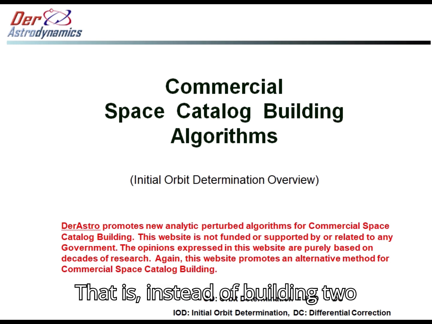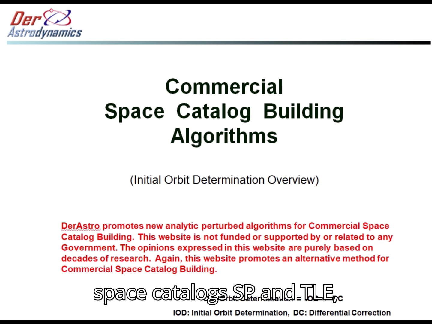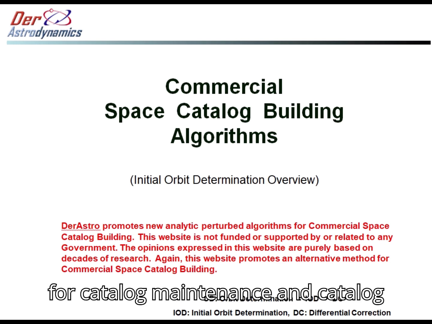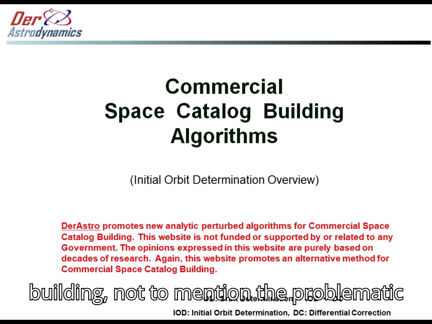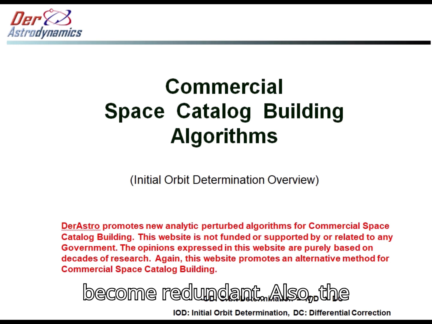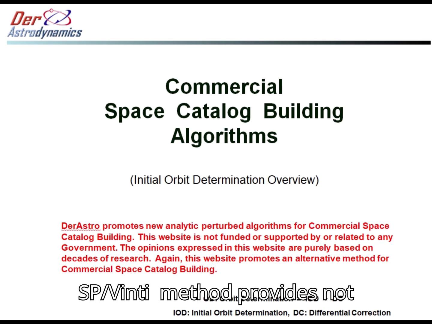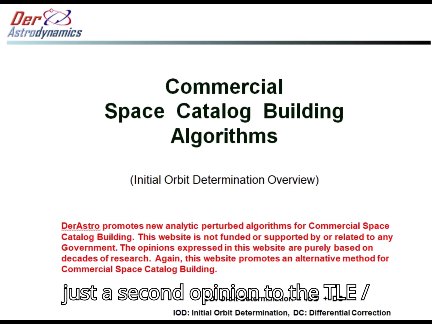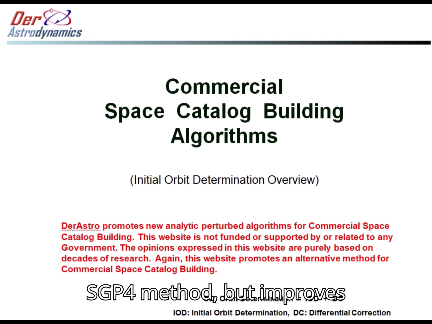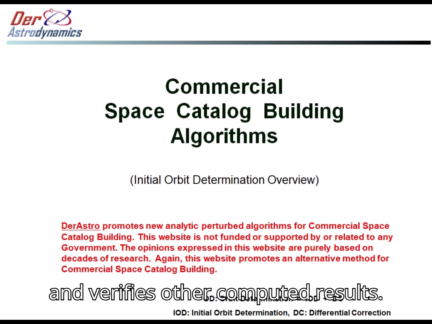That is, instead of building 2 space catalogs, SP and TLE, only the SP catalog is sufficient for catalog maintenance and catalog building, not to mention the problematic TLE conversion and the use of HB4 become redundant. Also, the SP-Winti method provides not just a second opinion to the TLE HB4 method, but improves and verifies other computer results.